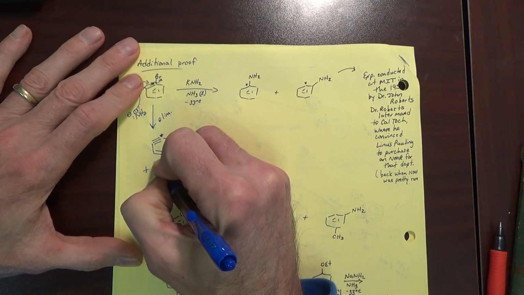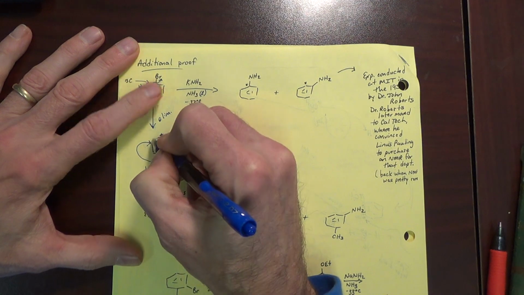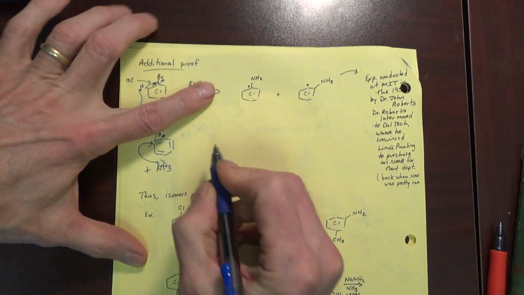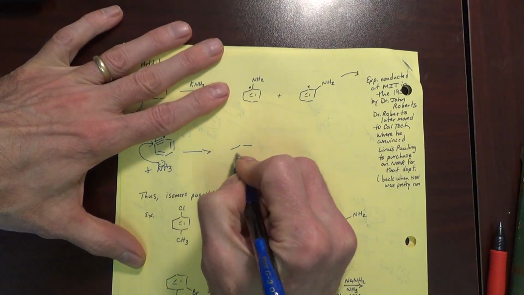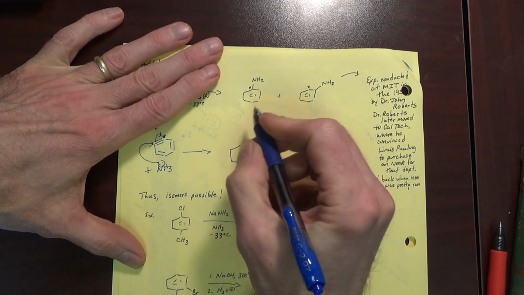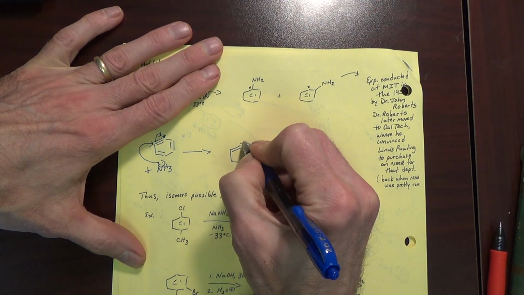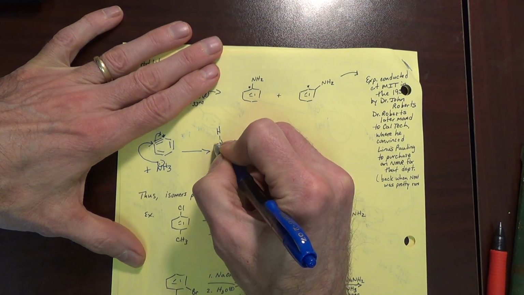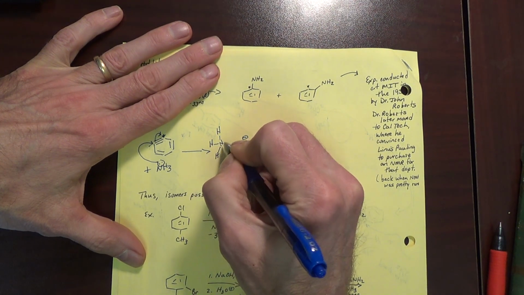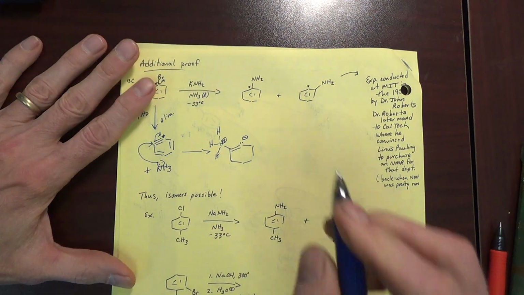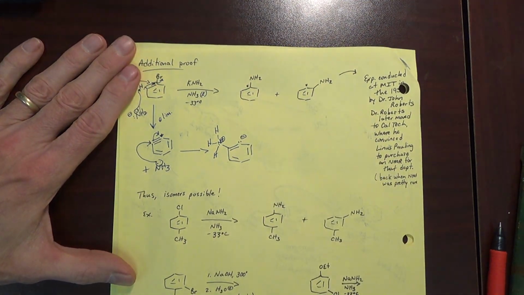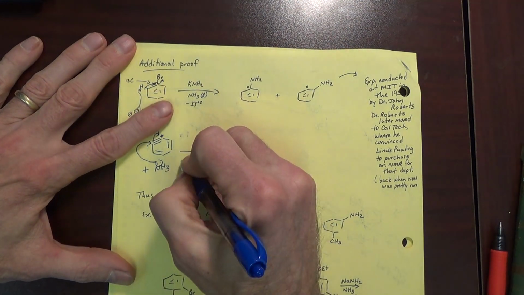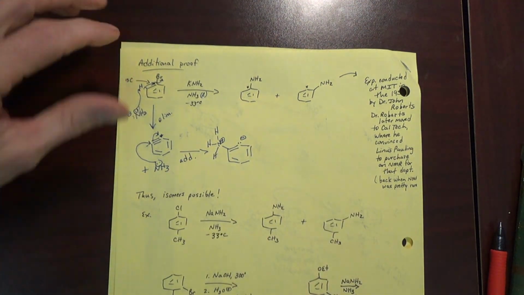Well, you've already seen how we add here. Electrons go this way. And that's going to give an anion here. Nitrogen with 3 H's, positive. And we did nucleophilic addition.